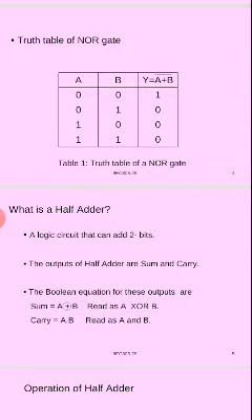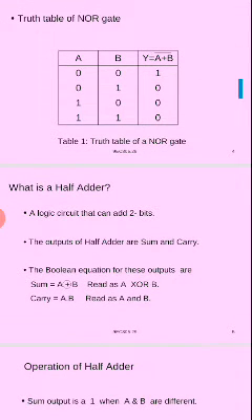Here, see the truth table. For two inputs, the combinations are 0 0, 0 1, 1 0, 1 1.